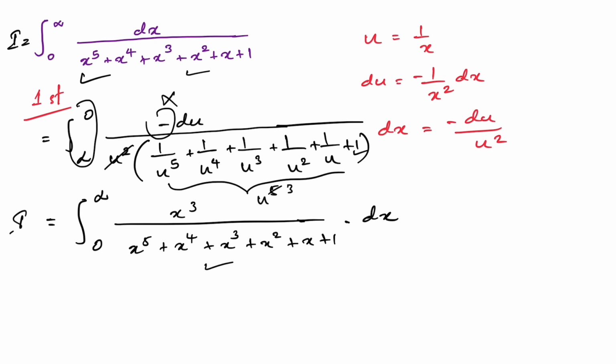We know this integral is also equal to I. Then let's take the sum of these integrals, so we have 2 times I.